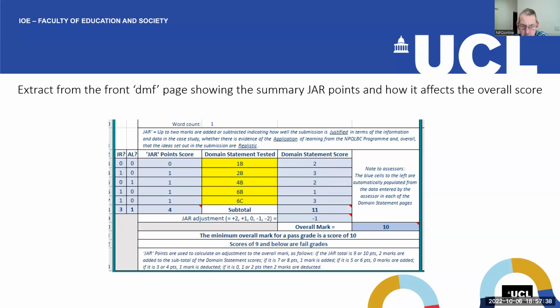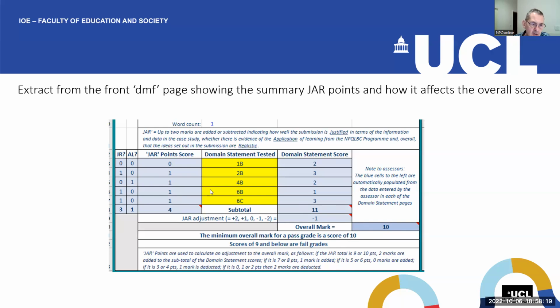But actually, what I want to talk about today is over on the left here, which is what we call the JAR correction. And you can see I have a string of scores on the left-hand side, 0, 0, 1, 0, etc., with the impact of a correction, a JAR adjustment or correction of -1, which means that although the domain framework statement score total was actually 11, with this correction it brings it down to 10, which is just a pass grade.